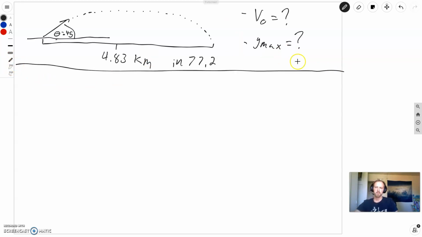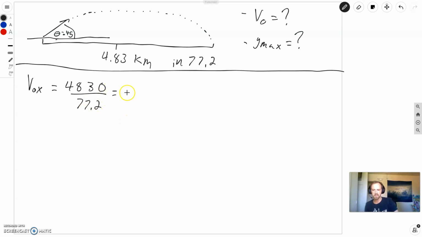Okay. So we're going to have to use this information somehow, this distance and this time. Now, since we know that there's no acceleration in the x direction, I can use this information to find out what my velocity in the x direction would be. What I mean is v naught x equals, converting to meters, 4,830 divided by 77.2.